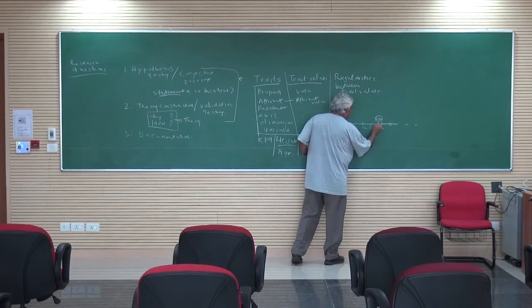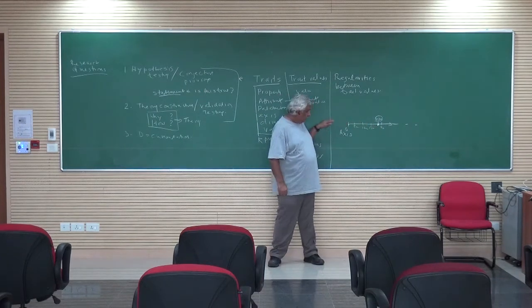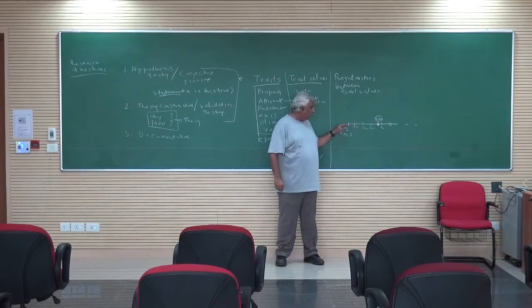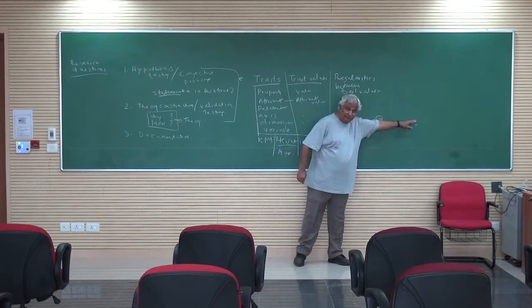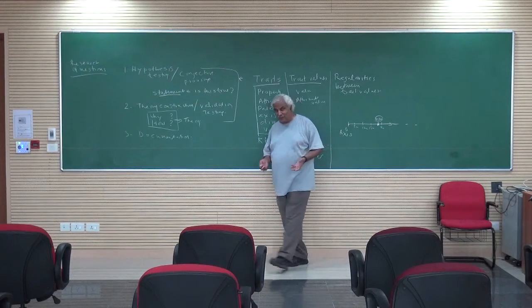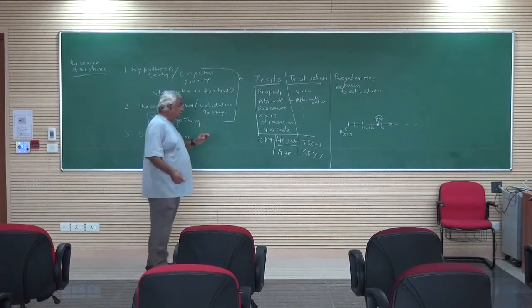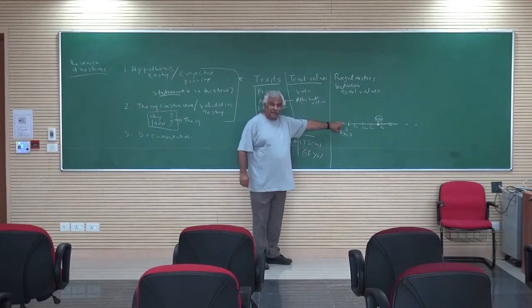So you could say I am a point along this dimension, or I am a point on this line, and this line represents the trait or the attribute or the variable. That's one way of looking at it. And we'll come to this kind of representation again and again in science.